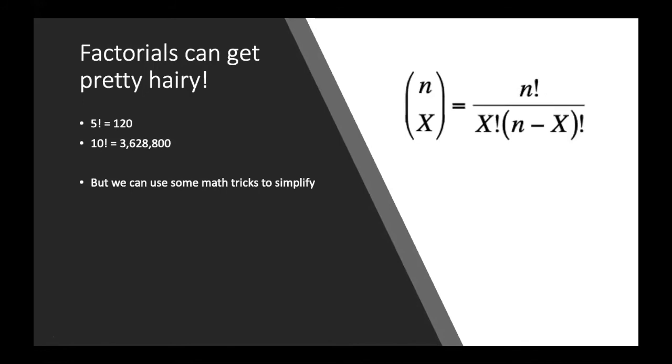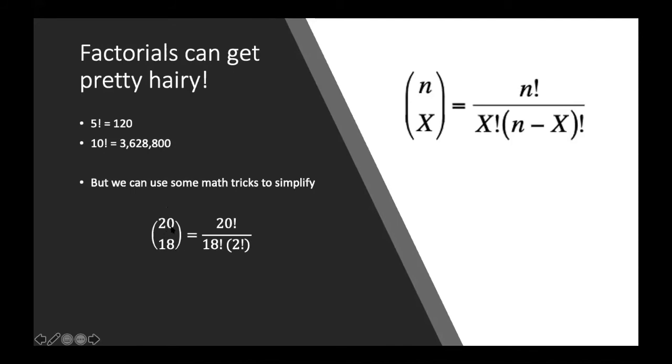Luckily, we don't really have to do that because we can use some tricks of math to simplify this equation a little bit. And I'm going to walk you through an example of that. Let's say we had 18 successes out of 20 observations. Then we would have 20 choose 18.